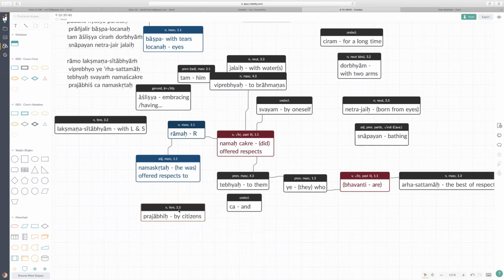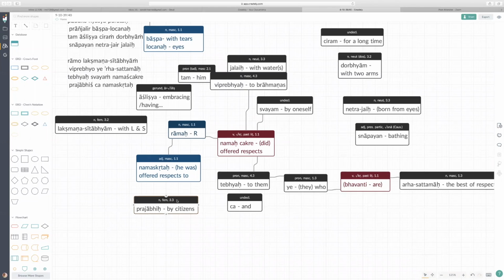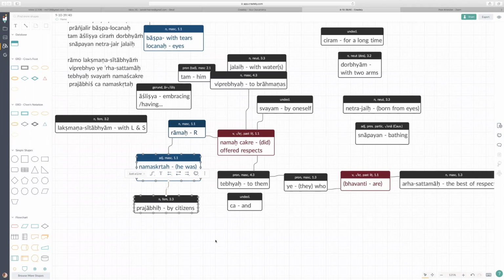What is the role of citizens? Are they instruments? They can't be instruments here. So who are they in respect to namaskritaha? It's another small... Yes, they're doers. They're another karta. In other words, Rama was offered respects to by citizens.